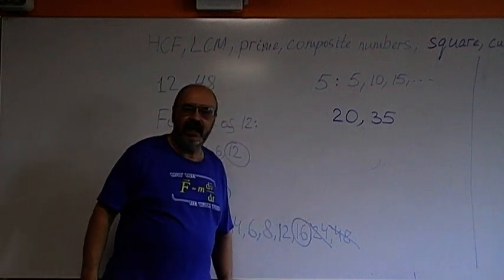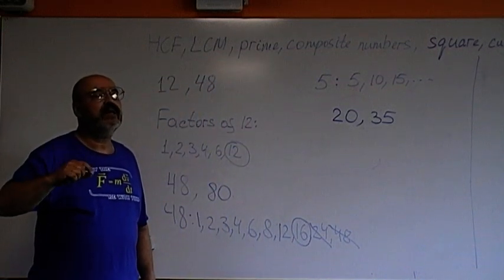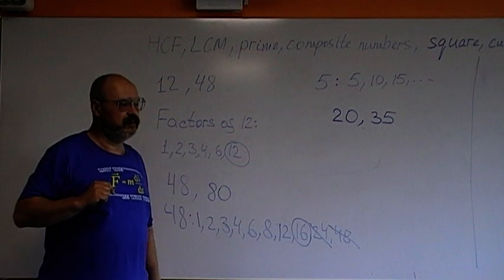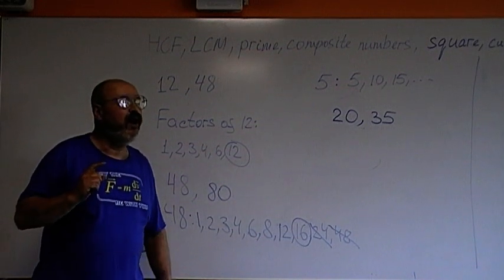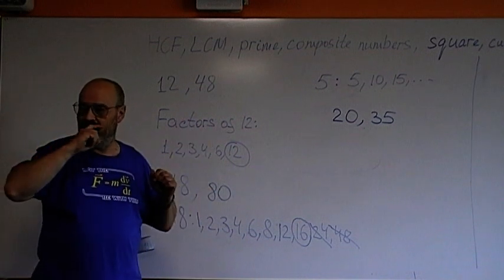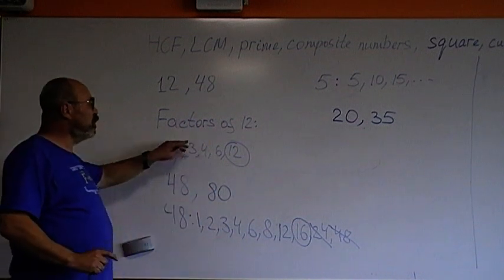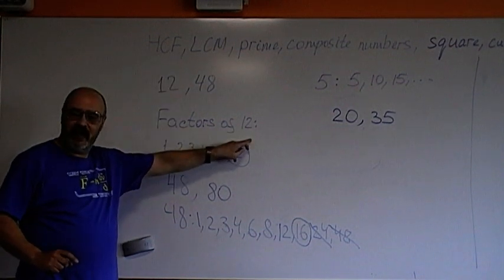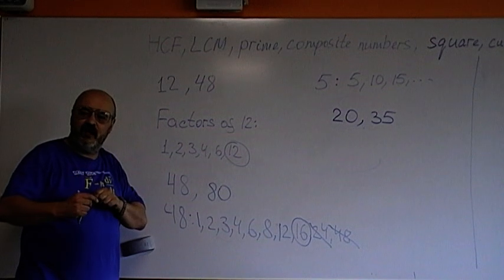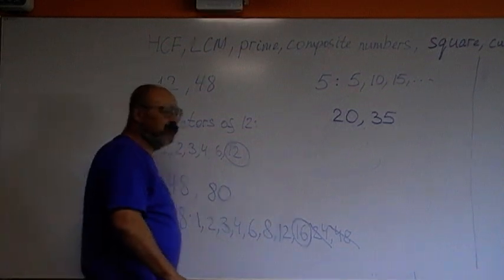Now, we don't need to write multiples of both numbers. Which number do we need to write multiples of? Only the highest number. With the highest common factor, we write factors of the smaller number. With the lowest common multiple, we write multiples of the bigger number.